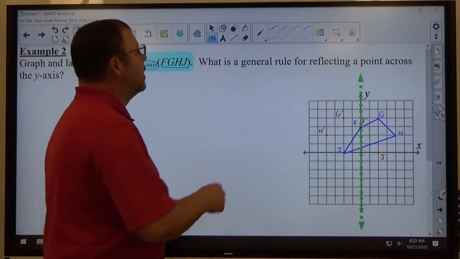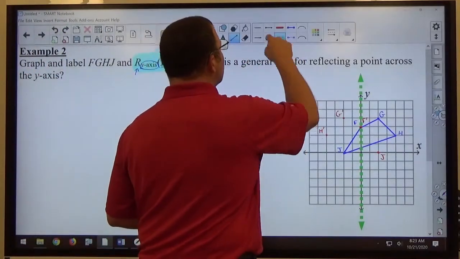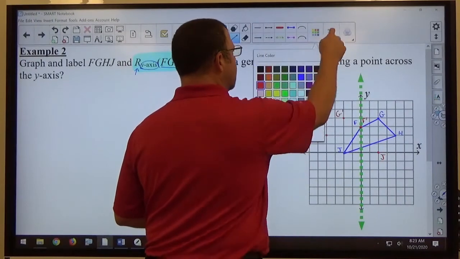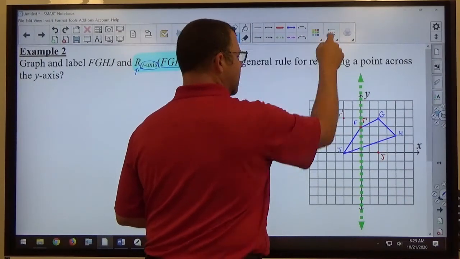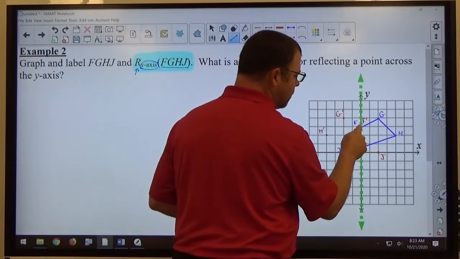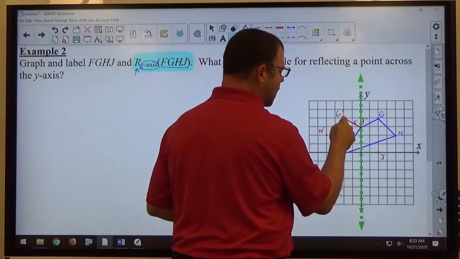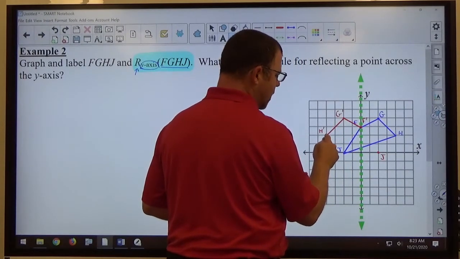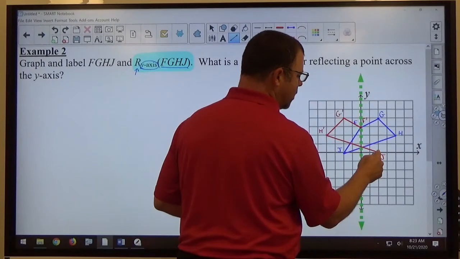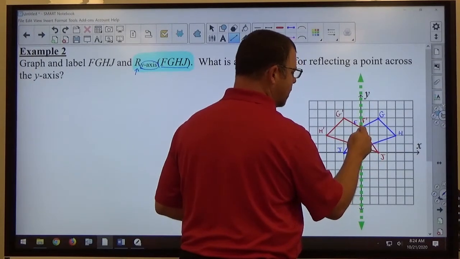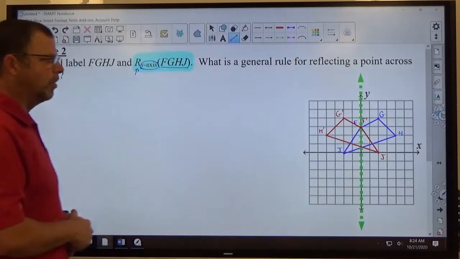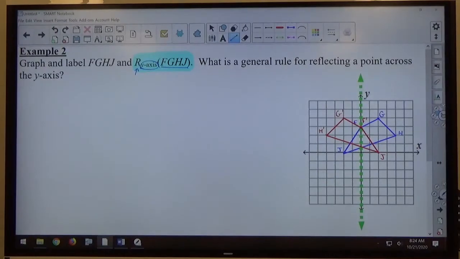All right, so if I connect the dots here with a straight line, F prime to G prime, G prime to H prime, H prime to J prime, and J prime to F prime. There's the reflection of the object.